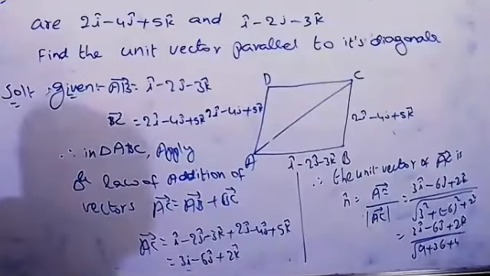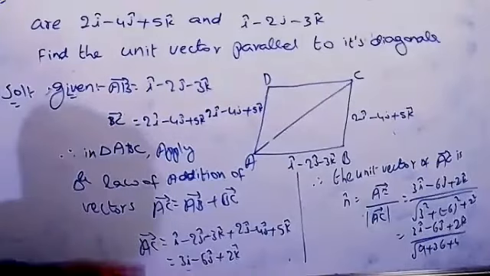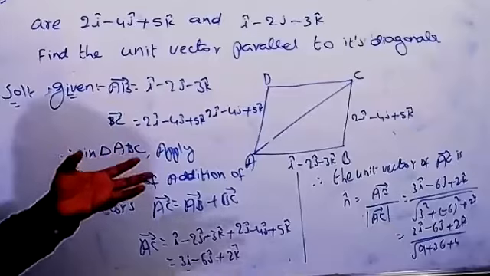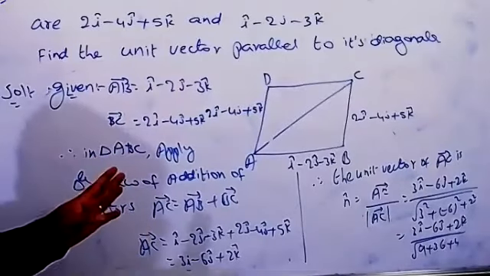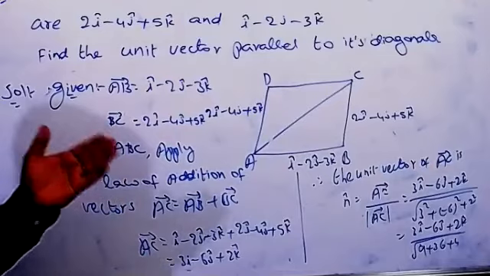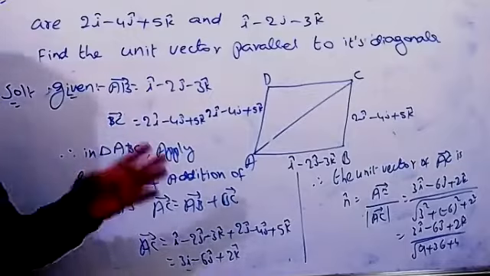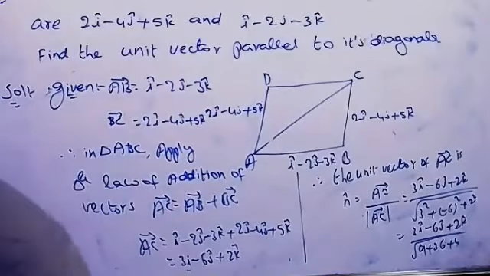That means m into vector a plus n into vector b whole by m plus n. Is that correct? That is the internal division. If a and b are two different vectors, m into a vector minus n into b vector by m minus n, that we call external division. So now we will do one small question based on internal and external division. One problem we can write now.